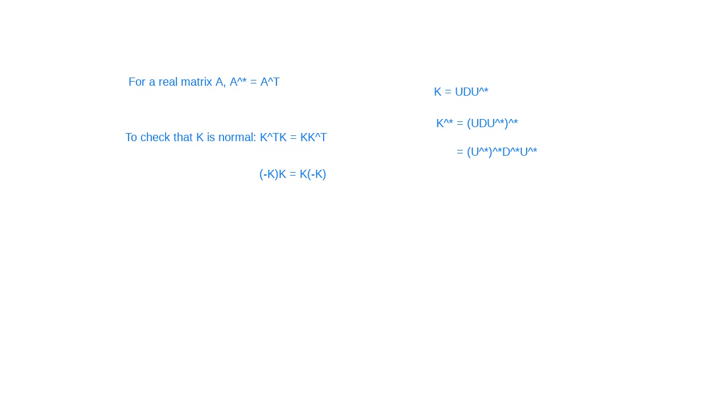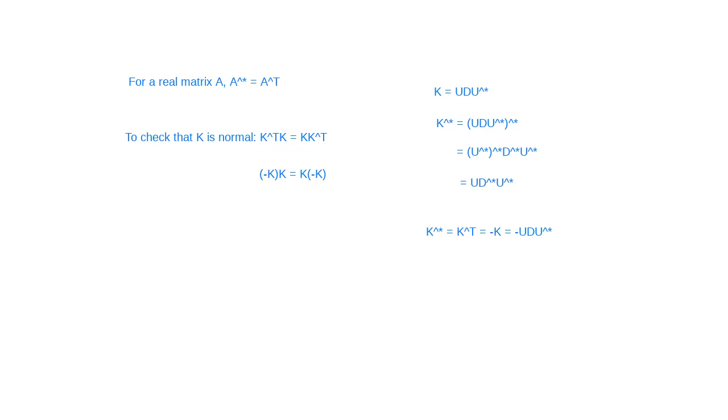U star, which was on the rightmost, becomes the leftmost. D gets a star and comes next, and then U gets a star and it's last. Of course, U star star is just U. Since K has real entries, K star is just K transpose, which is negative K, which is negative U D U star. So that's for part B.